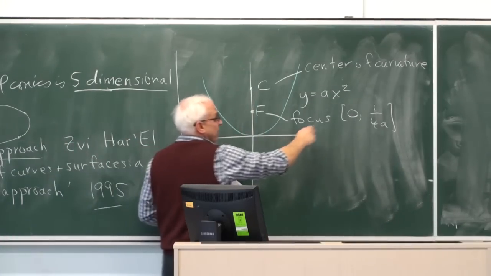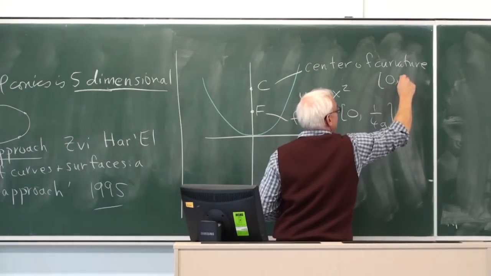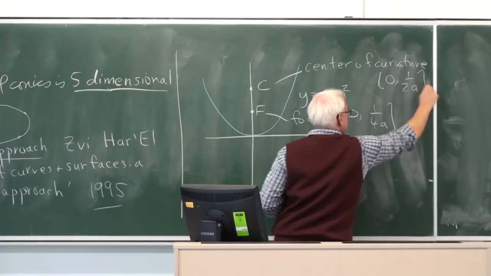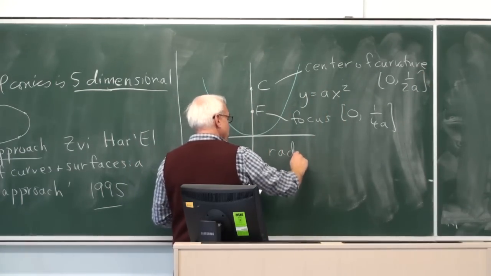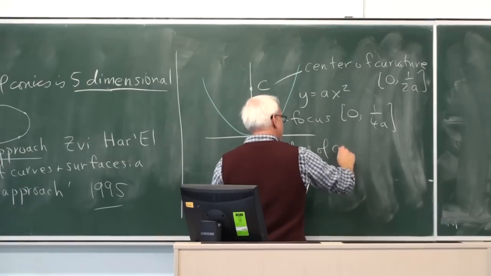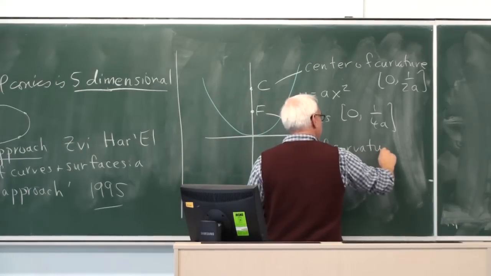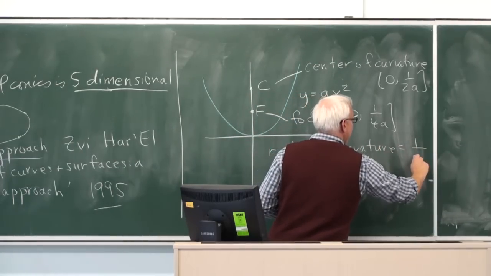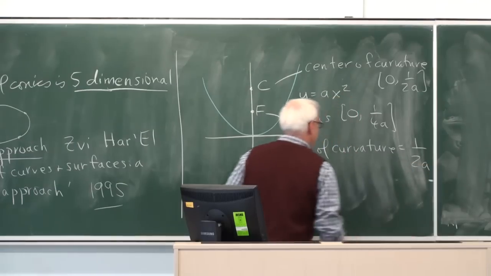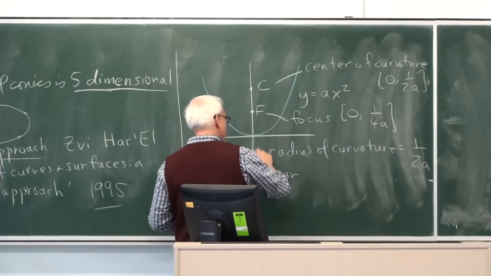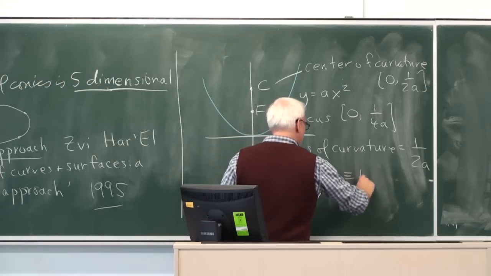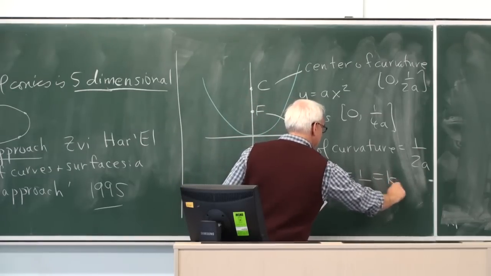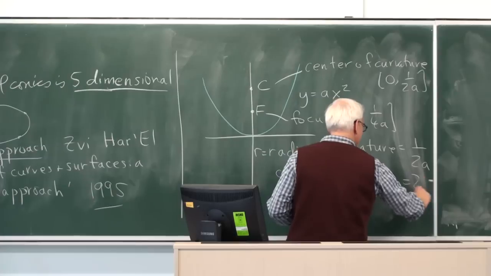So that'll be 0, 1 over 2a. And the radius of curvature is then 1 over 2a. And the curvature itself, the radius usually called r, and the curvature itself is defined to be 1 over r, and it's usually called k. And so that'll just be 2a.